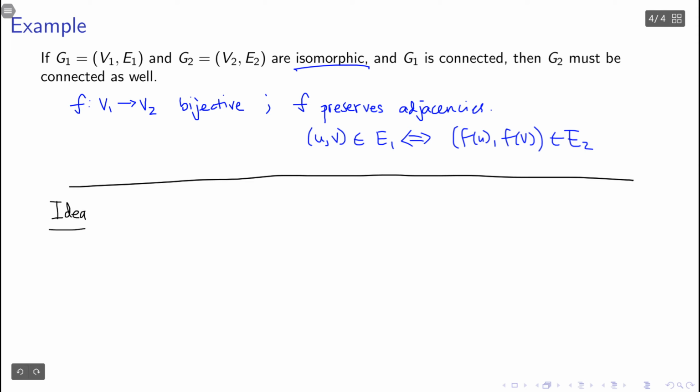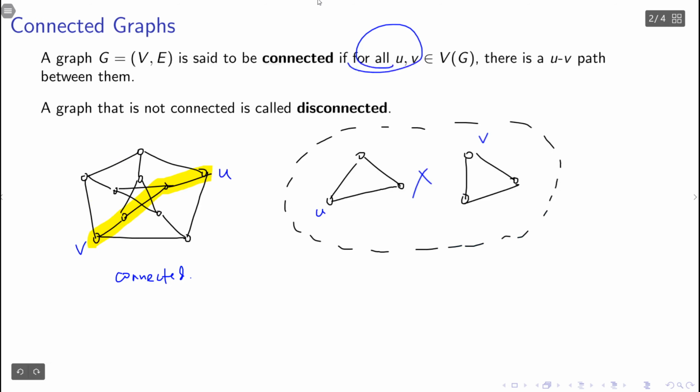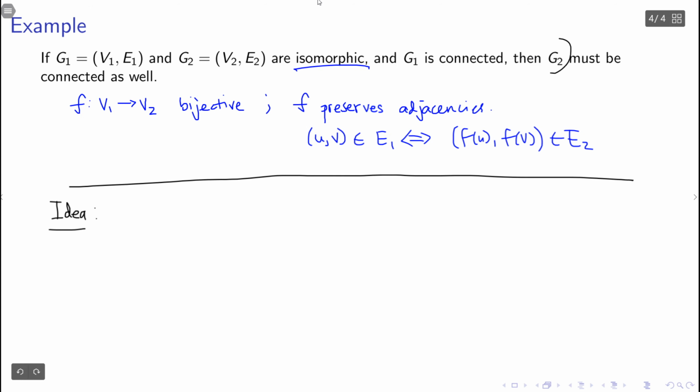And so, just to get you to practice, how do you prove a graph is connected? Go back to our definition. You just have to show that for any two vertices you pick, you can always find a path. So we're showing that G2 is connected, not G1. We know G1 is connected.